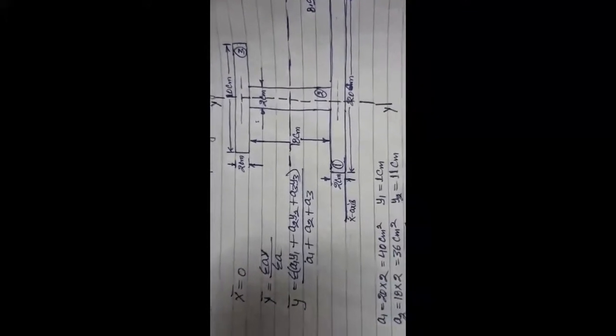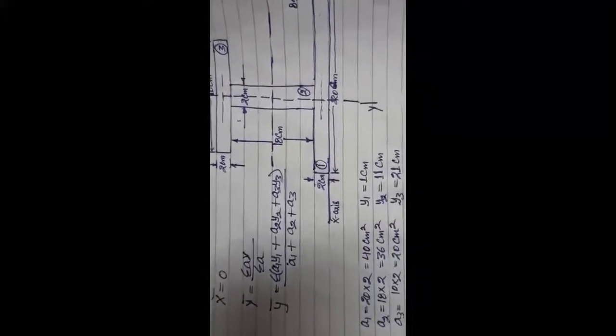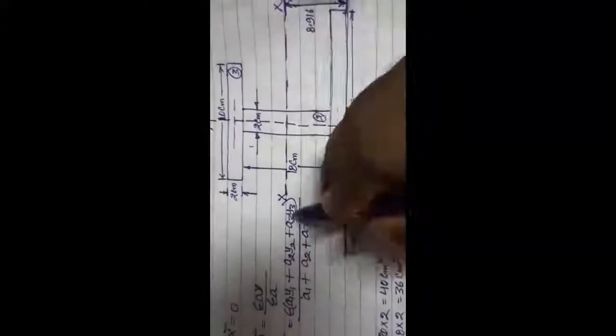Now the area moment of inertia for this figure we have to find out. So first of all, this is the x-axis, the centroidal x-axis. About this line we have to find the moment of inertia of this figure.